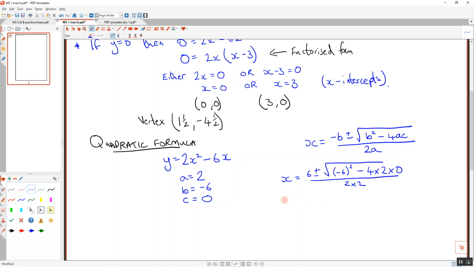Wait, is it 0 or is it 1? It's 0, because if it was 1, there would be a plus 1 there. So this part goes completely to 0. When I square a negative number, it gives me a positive number out.